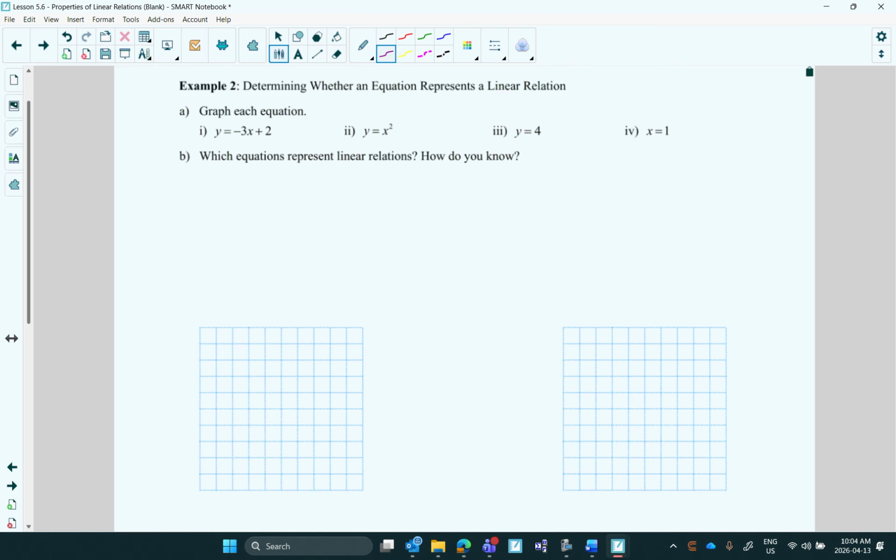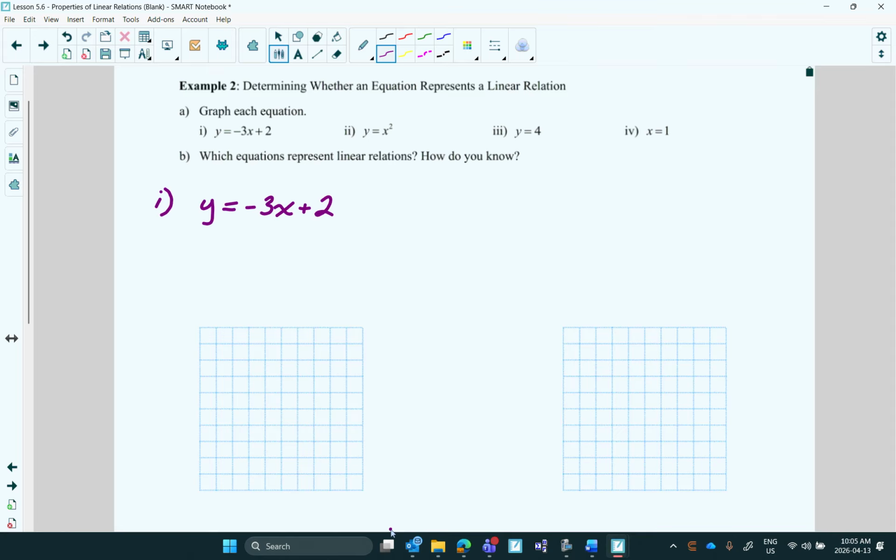We are asked to graph each of these equations. Well, remember, actually there were 3 different ways we graph these types. But you remember one of the ways we graphed it? With intercepts, yes.